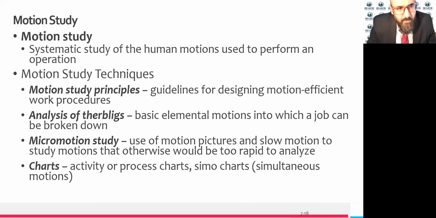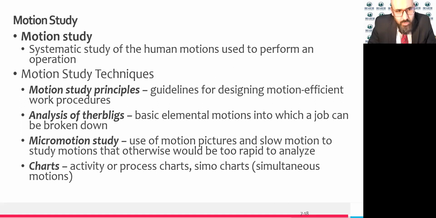And number four, we could do a motion study using charts such as activity or process charts and simulation charts, etc. So there are four types of motion studies that we use.